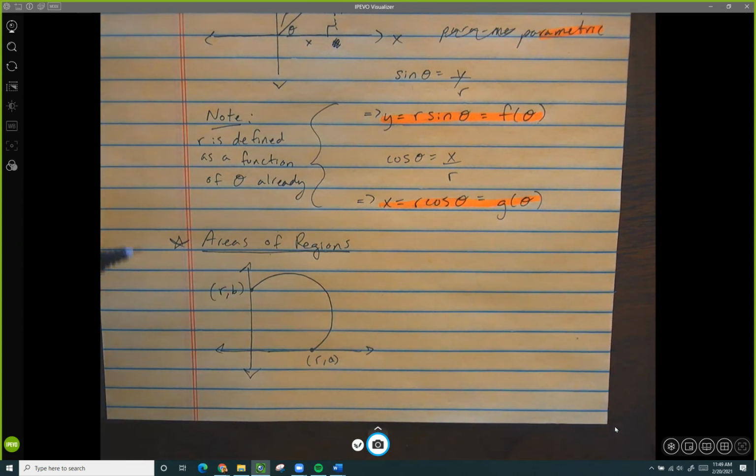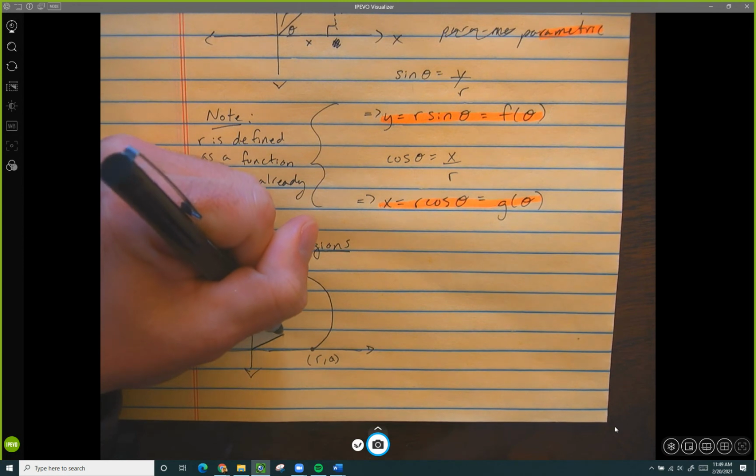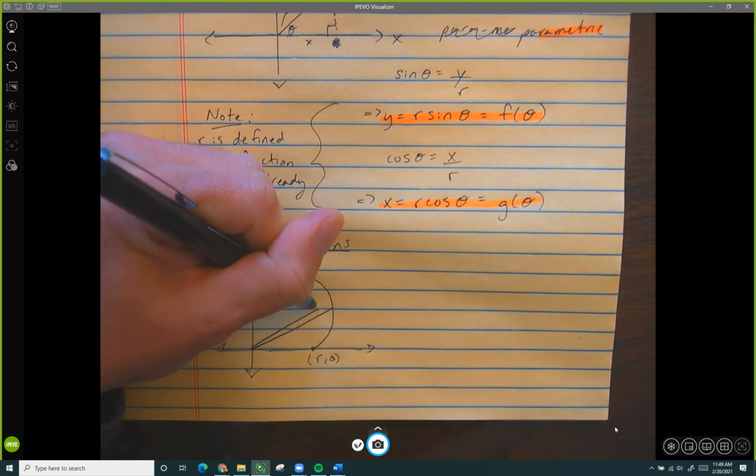Instead of adding up areas of rectangles, we're going to add up areas of sectors of circles, like slices of pizza, which I am going to order in about an hour. Draw a little sliver of a sector of a circle.